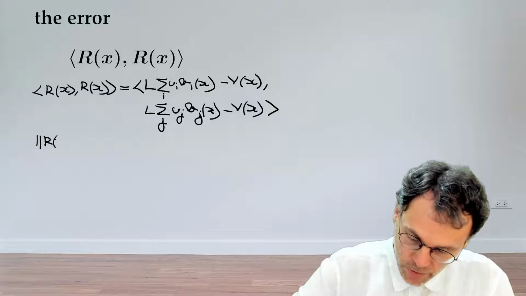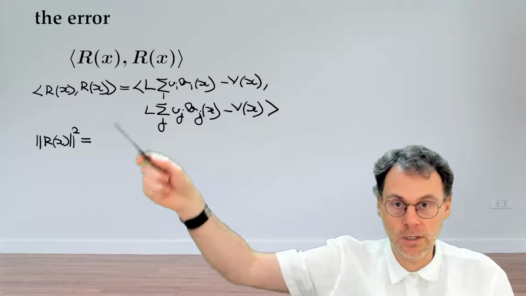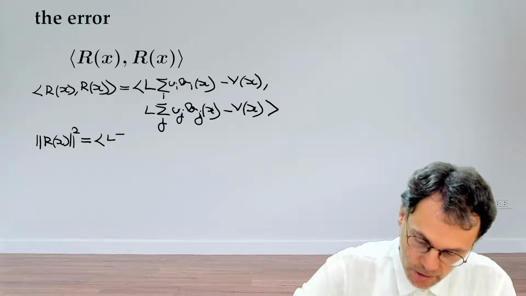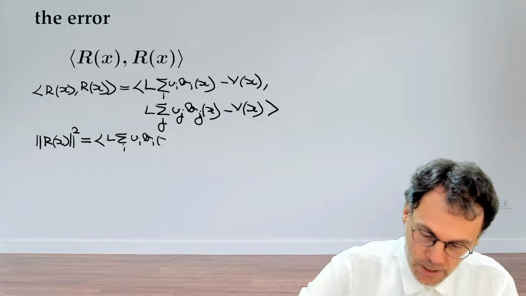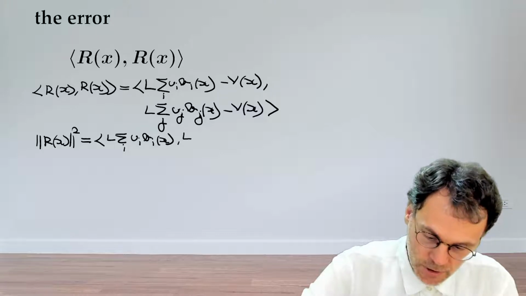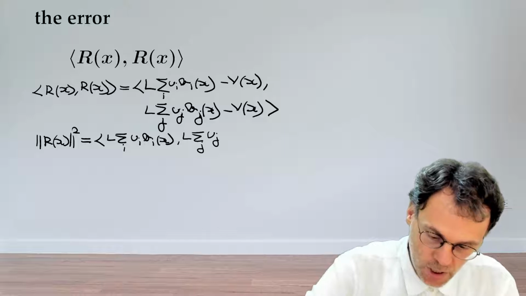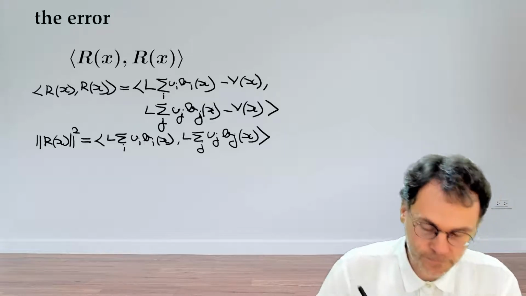So abbreviating this as follows. First we have the product of this sum with that sum. So that's going to be L summation over i ui bi of x times L summation over j on the other hand uj bj of x, right?